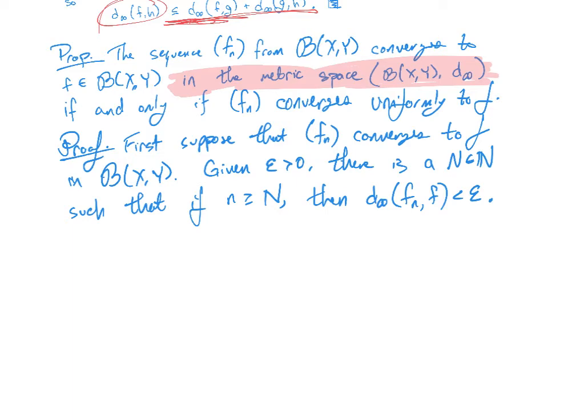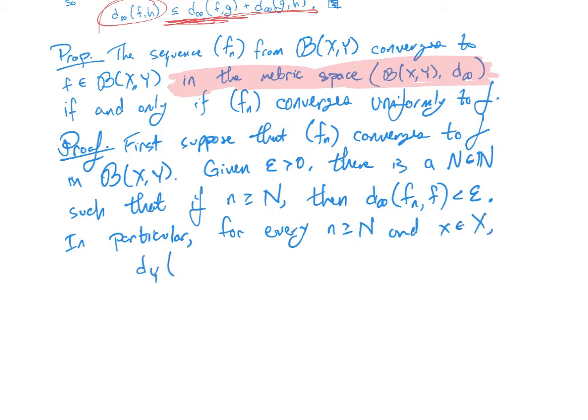And now we use the definition of what the uniform metric really is. So in particular, for every n at least capital N and x in X, what do we have?